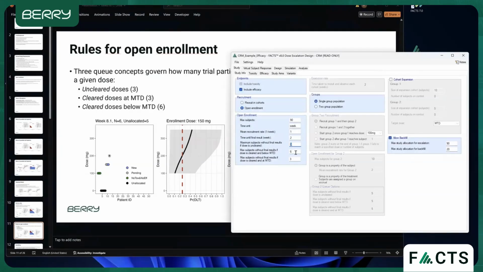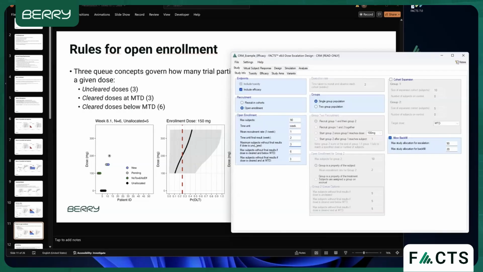There are 3 queue lengths that we have, in fact, to really tweak the behavior to exactly how you want it to be. And that's how many patients do you allow without final results if a dose is uncleared. That's 3. You might think that this number is always the same as the one we've said before about cleared doses, but that's not necessarily the case.